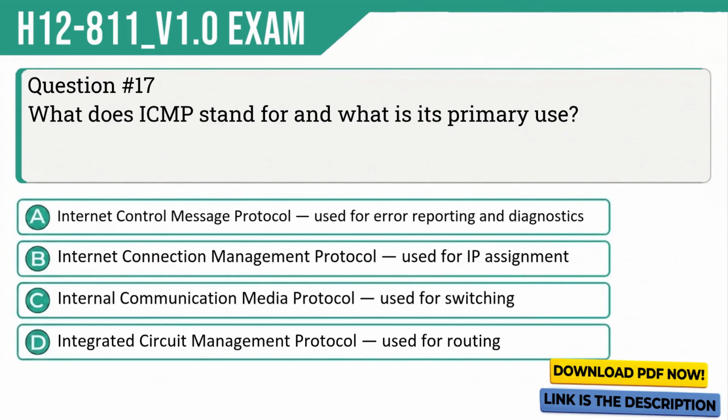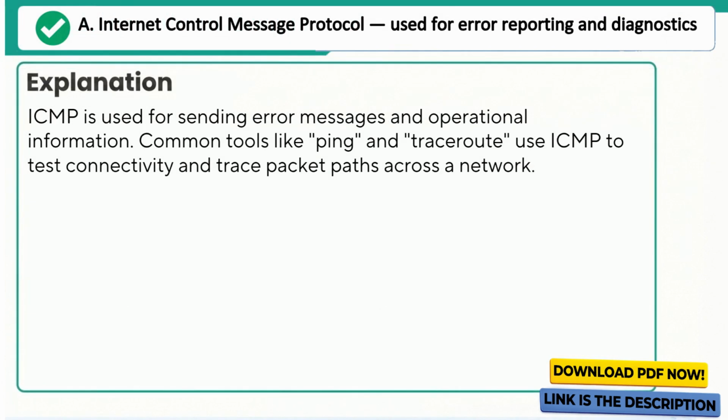D. Integrated Circuit Management Protocol, used for routing. Correct answer: A. Explanation: ICMP is used for sending error messages and operational information. Common tools like ping and traceroute use ICMP to test connectivity and trace packet paths across a network.